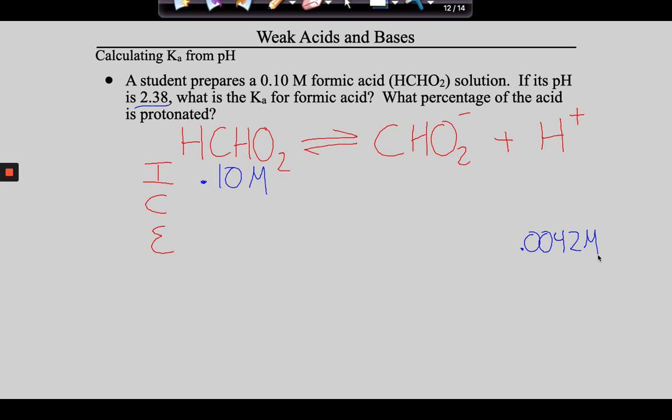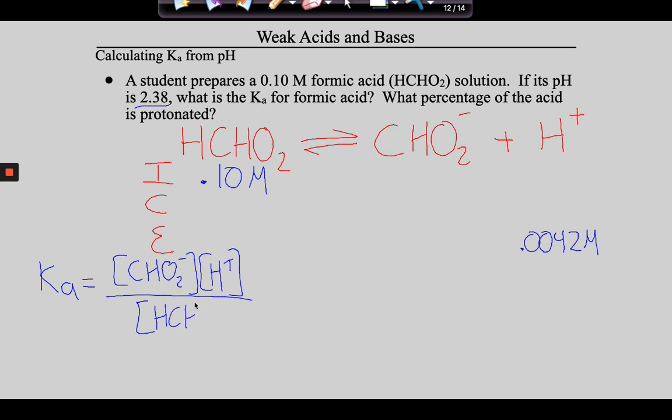But now, guys, think about what we're doing. We're trying to figure out Ka. But Ka will be the concentration of conjugate base ion, the concentration of hydrogen ion, and then the concentration of unprotonated formic acid.